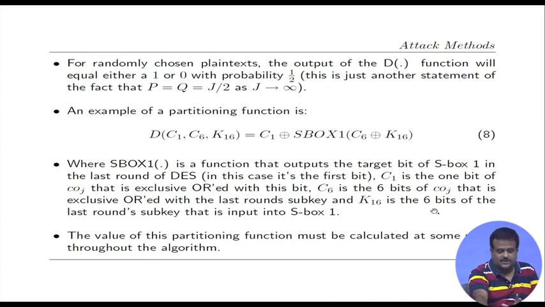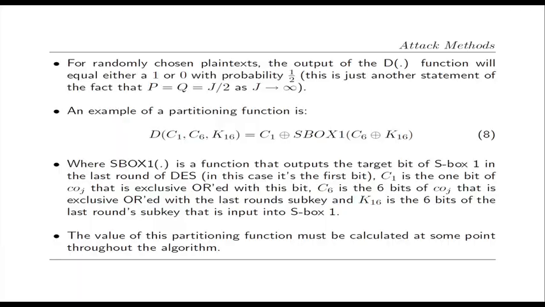This is 6 bits. So, we will do the exhaustive search on these 6 bits to get the value. So, let us talk about how. The 6 bits of the last sub key are input into the S box 1.